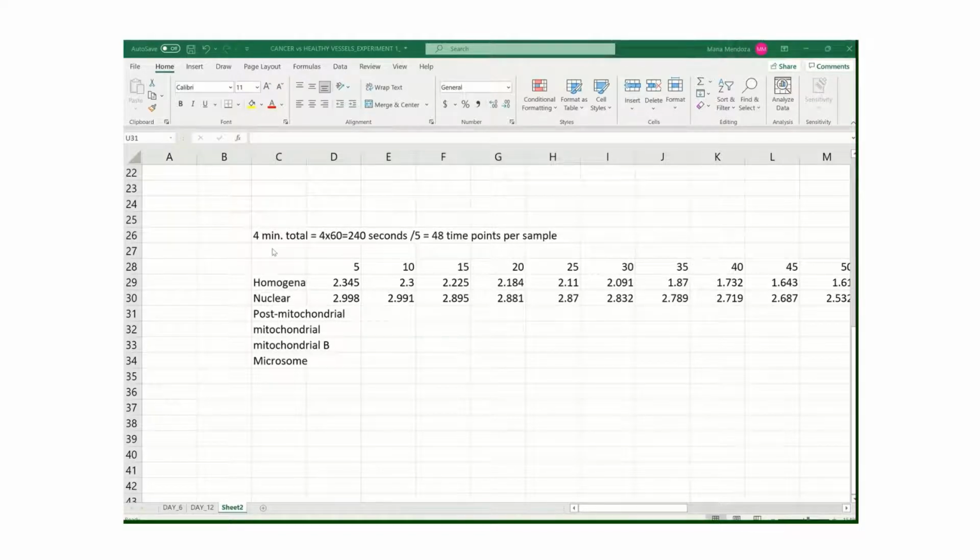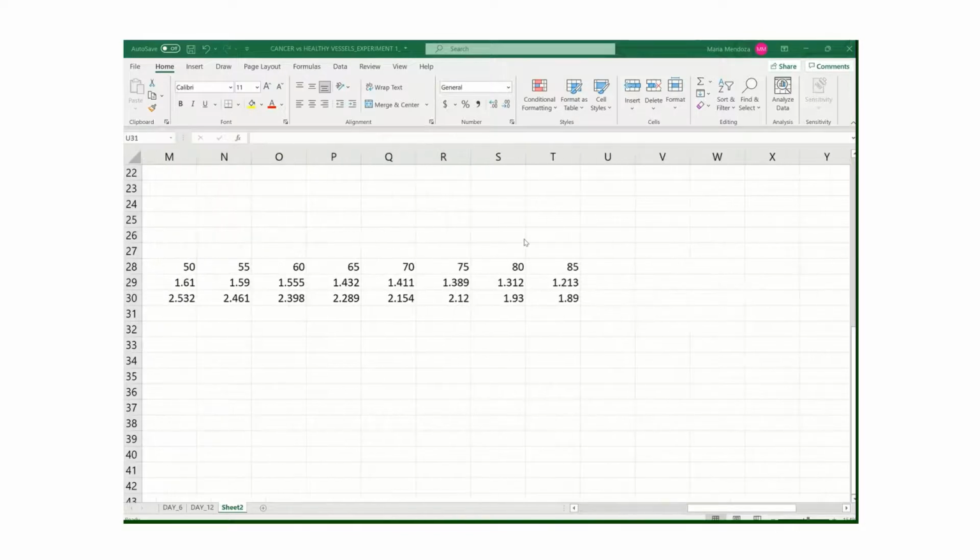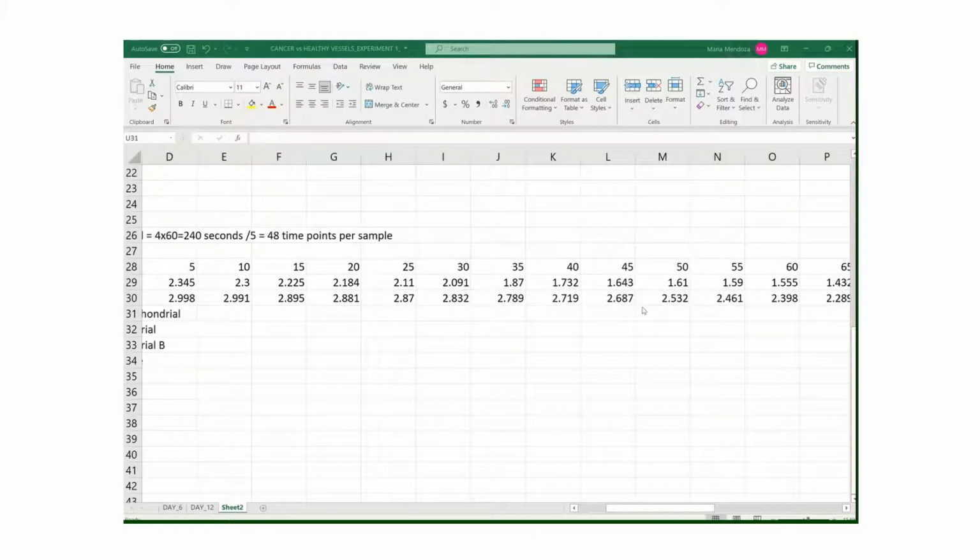We have 4 minutes total, and so 4 times 60 is 240 seconds, divided by 5 is 48 time points per sample, because we documented the readings every 5 seconds. So then you have to keep going, of course, because you have more time points. I'm just giving you an example of what to do.